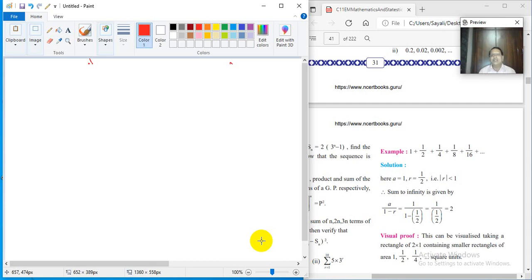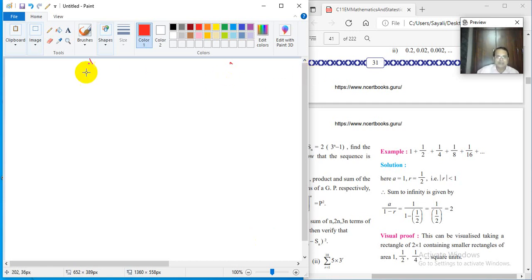Mod r is less than 1 whenever the common ratio is between 0 and 1 or between -1 and 0. For example, if I take 1/2 or -1/2, their mod is 1/2, which is less than 1.